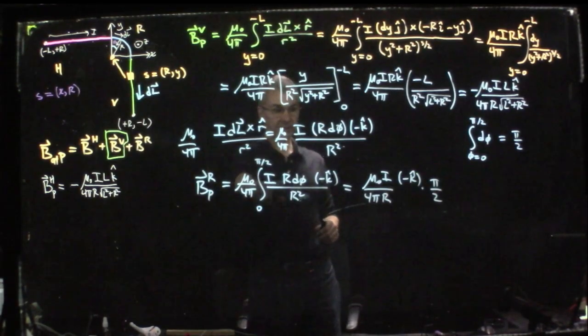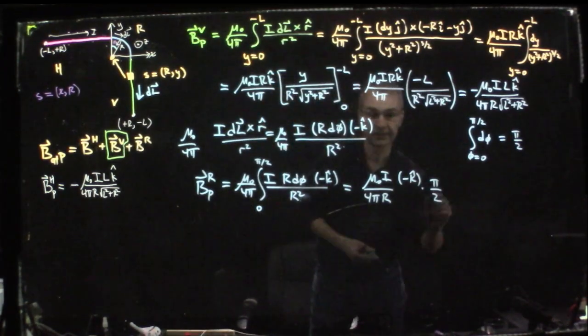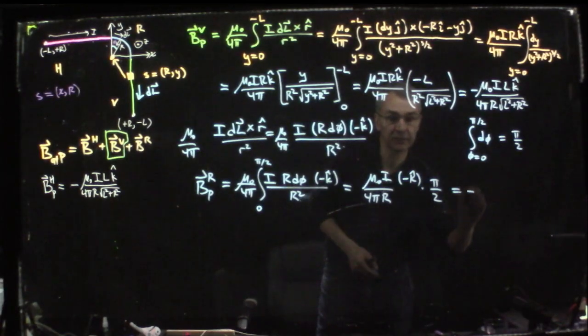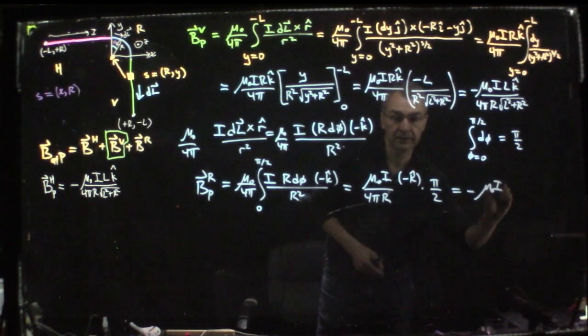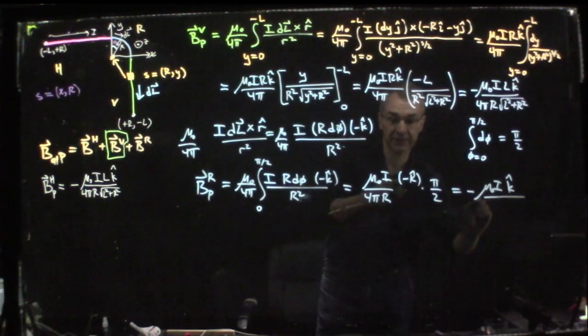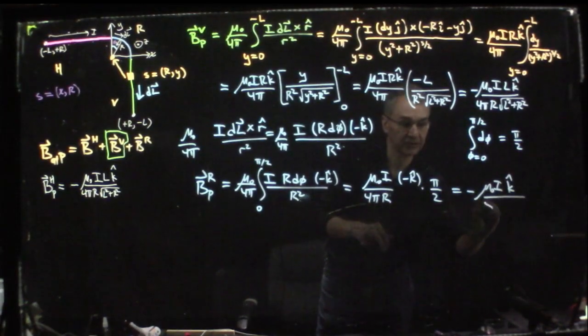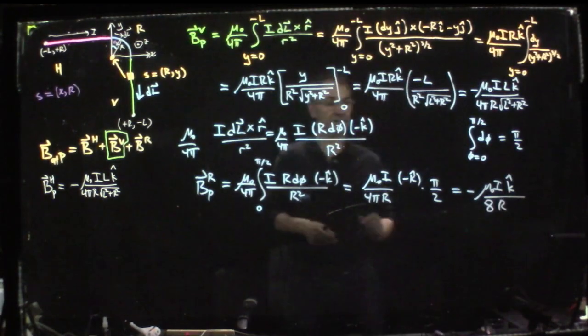Mu naught I minus k hat, pi over 2, over 4 pi r. So then there is minus mu naught I k hat over, the pi's cancel, you get 8r.